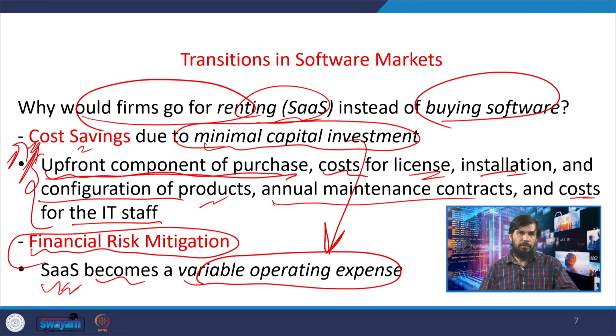That also reduces the financial risk, because for every capital investment you would have to pay a lot, and all that fixed cost is taken away and becomes just a variable operating expense, so much more manageable. So financial risk mitigation also happens when you go for SaaS. So obviously for this reason it is also a good option for startups or small firms.